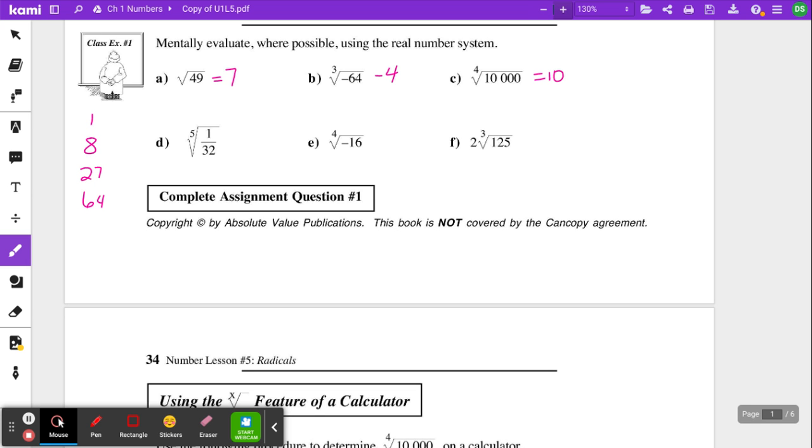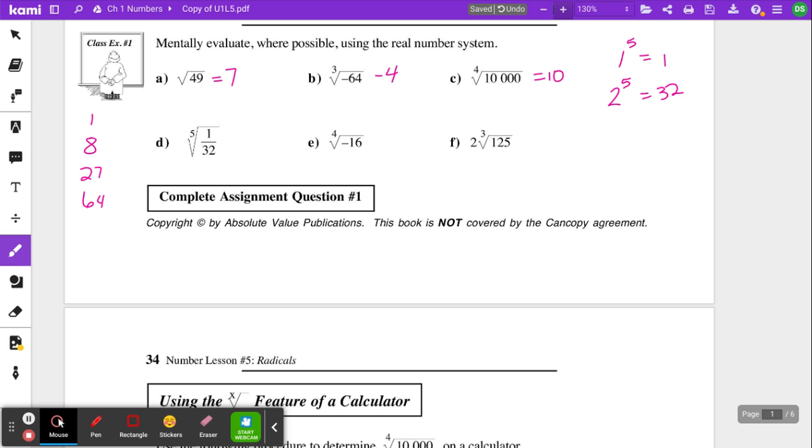All right, how about the fifth root of 1 over 32? Oh, for heaven's sake, fifth root. I got to make a fifth list. Okay, 1 to the fifth is 1. What is 2 to the fifth? 32. So 1 to the 5 is 1, and 2 to the 5 is 32, and that's probably the only one you actually need to know.